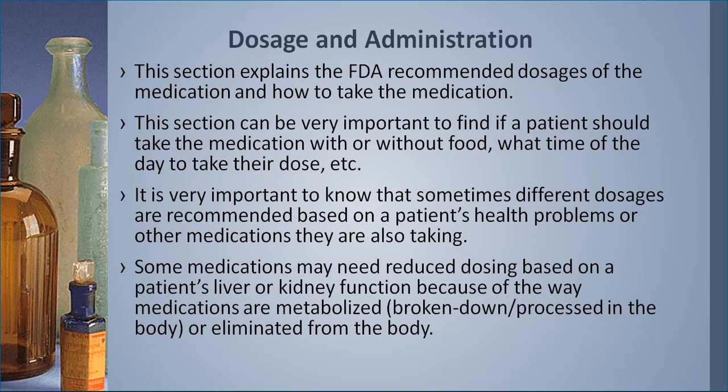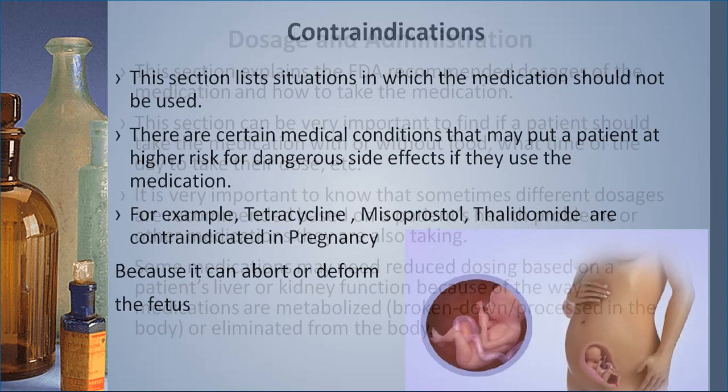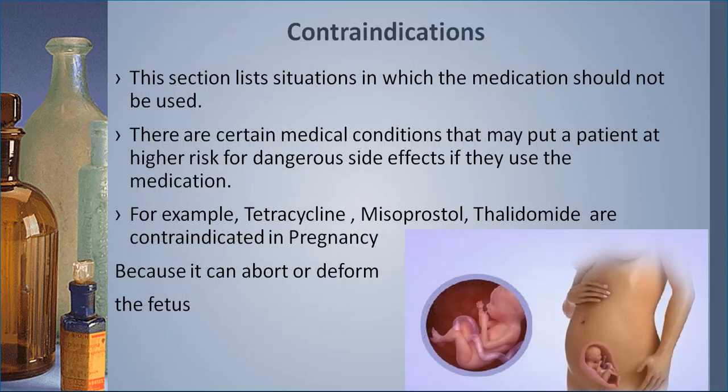There are some medications that may need to be reduced, as I've said, because the patient may have a poor or weak liver or kidney function, or because the medicines are metabolized by the liver, and because of that, the patient may need special dosages. Another one that we should know is called contraindications.